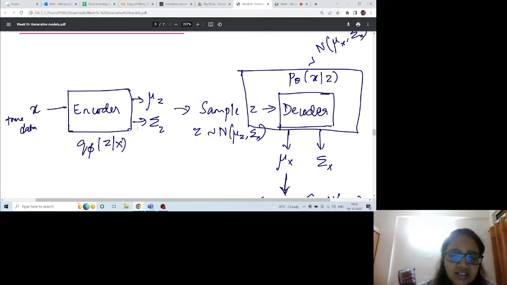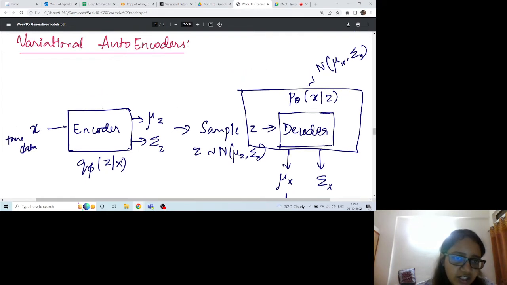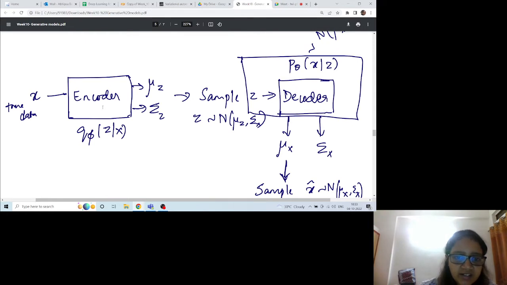Suppose Z is a 128 dimensional vector. In that vector space, it can comprise of anything. Here, variational people say that no, we'll restrict Z in such a way that Z can only be Gaussian in nature, sampled from a Gaussian distribution.